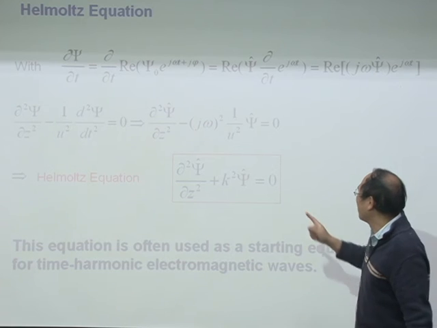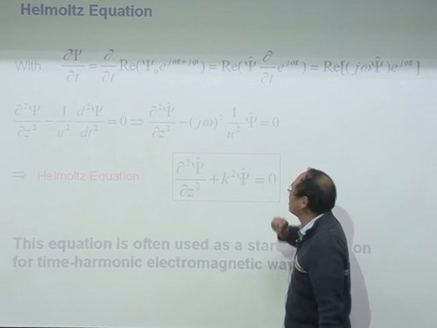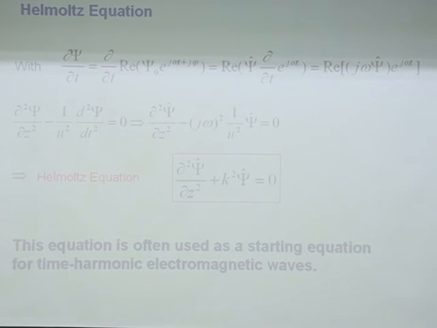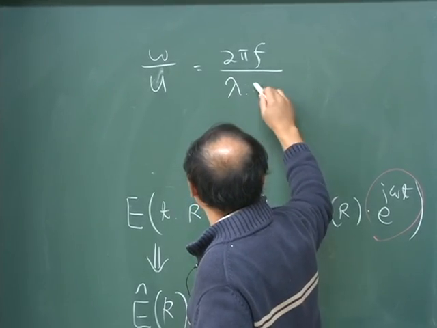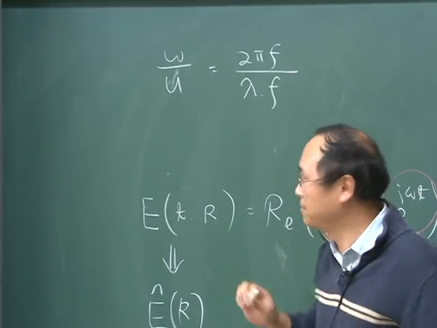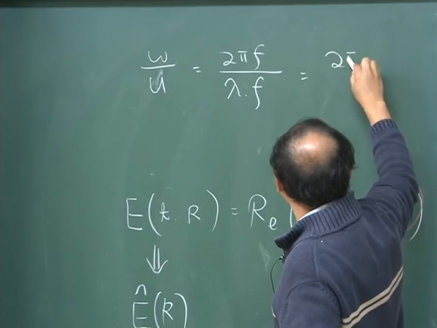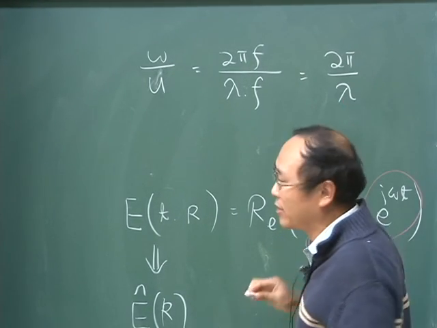Okay. So now you have omega divided by u. But you know this omega is 2 pi frequency. U is equal to wavelength multiplied with frequency. So you end up having a term that is 2 pi over wavelength.